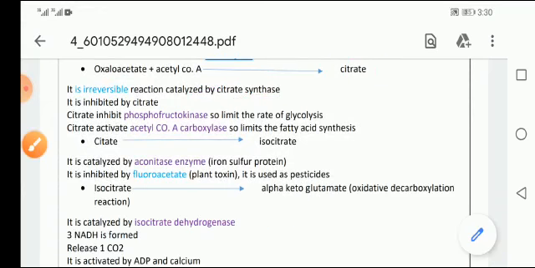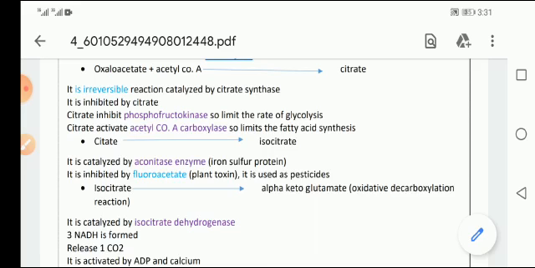In addition, citrate may affect phosphofructokinase. We mentioned this step in the previous lecture. Why? High concentrations of citrate mean more ATP would be produced and we no longer need glycolysis, so it has to be stopped. Citrate activates acetyl-CoA carboxylase.